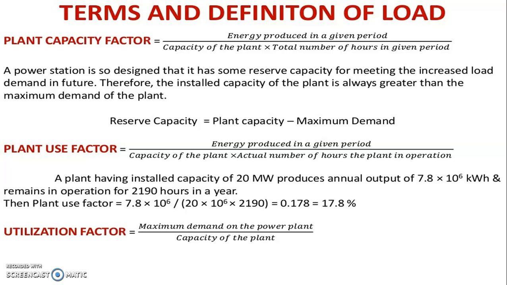Then the plant use factor: energy produced in a given period is 7.8 into 10 to the power 6 kilowatt hours, divided by the capacity of the plant, 20 megawatt, into the actual number of hours the plant is in operation, 2190 hours. So the answer will be 0.178. Next, utilization factor is the ratio between maximum demand on the power plant to the capacity of the plant.